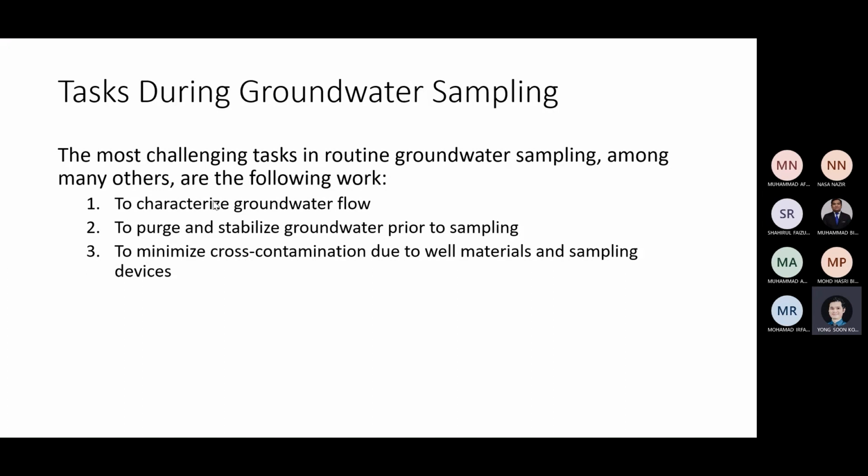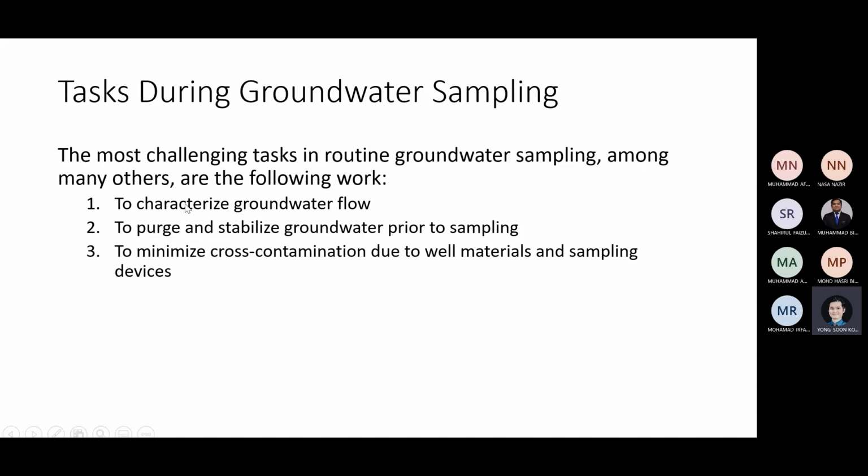So whatever groundwater is already inside the tube will be different because of the lack of flow, the lack of oxygen, and whatnot. So when bacteria accumulate there, the water parameters are different from the water deeper down in the aquifer, which is why before we collect a groundwater sample, we need to first purge.